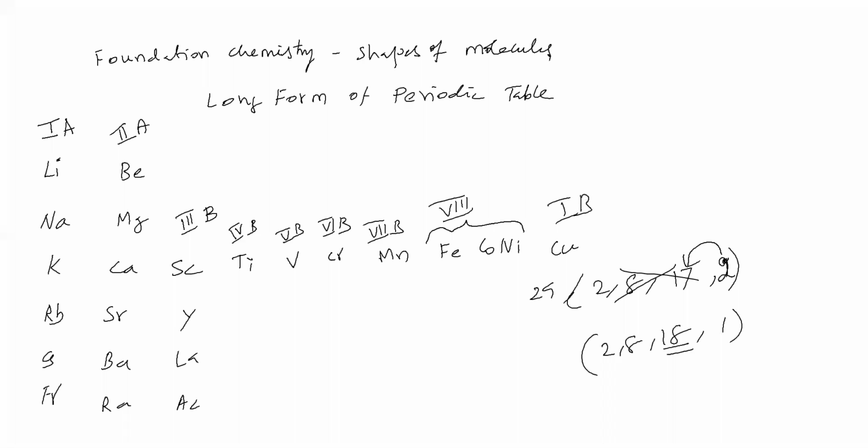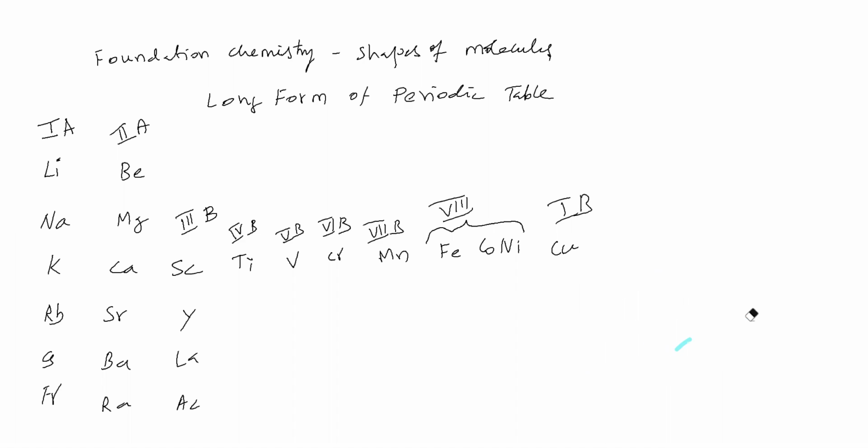The 18 does not involve in chemical reaction because it is fully filled. Only one electron in the outermost shell is involved, therefore 1B, but this element shows variable valency also.